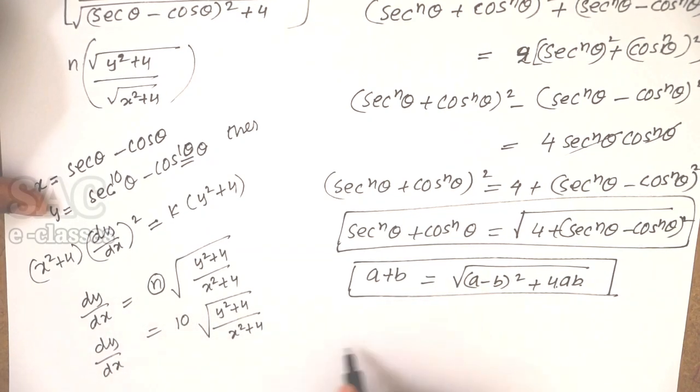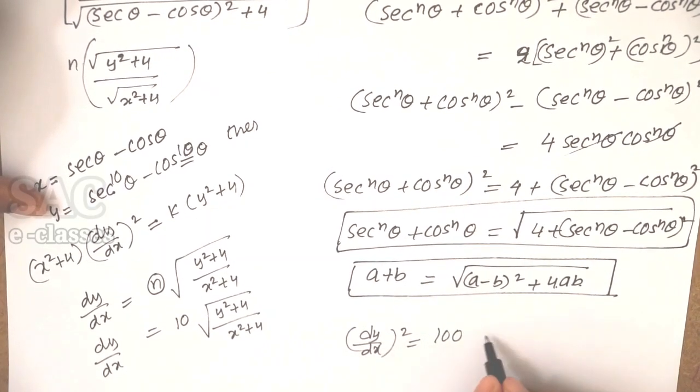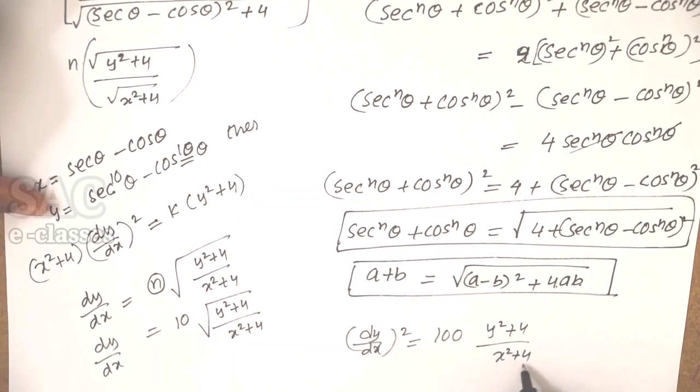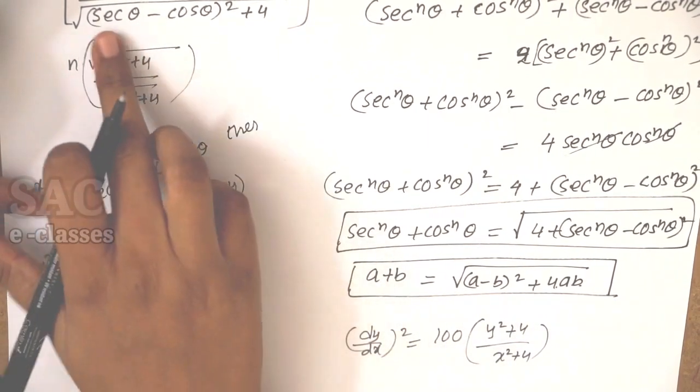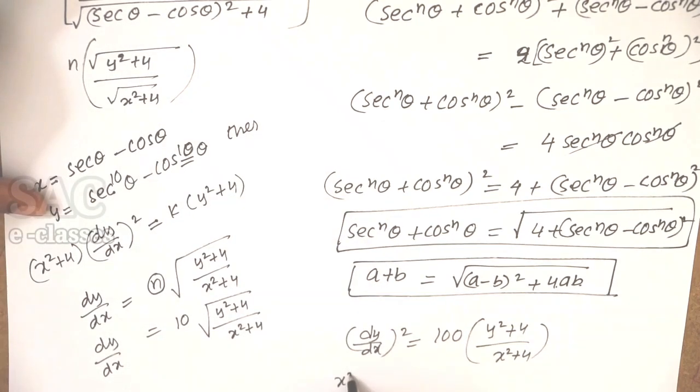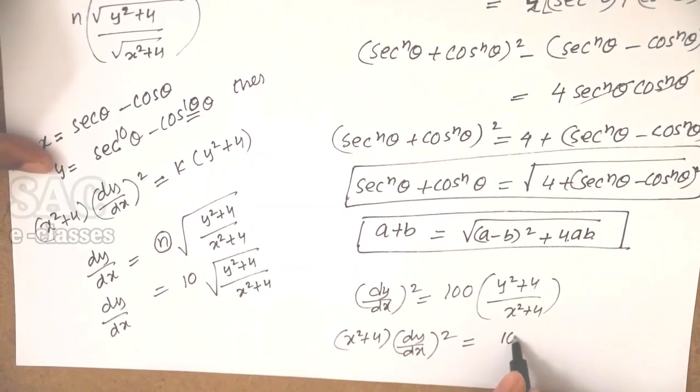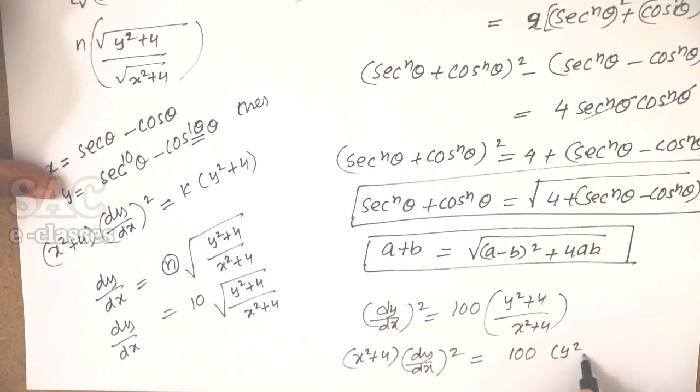Go for squaring on both sides. So dy by dx whole square equal to 100 into y square plus 4 by x square plus 4. By using the same method, now x square plus 4 into dy by dx whole square is equal to 100 into y square plus 4.